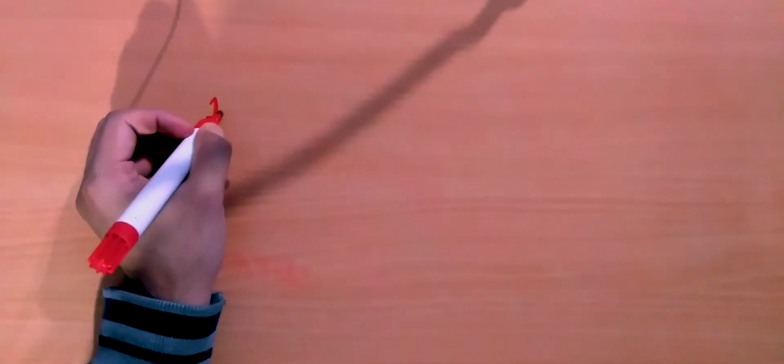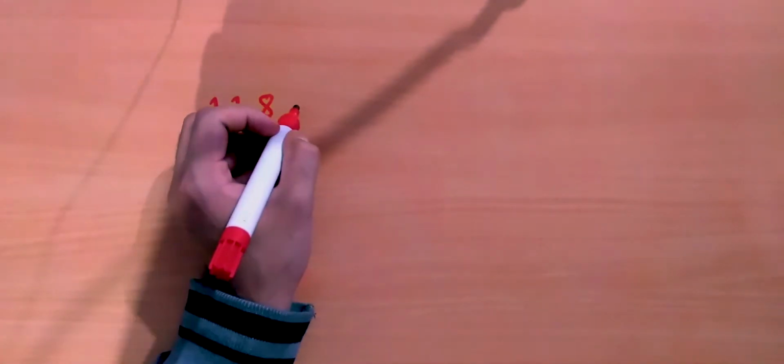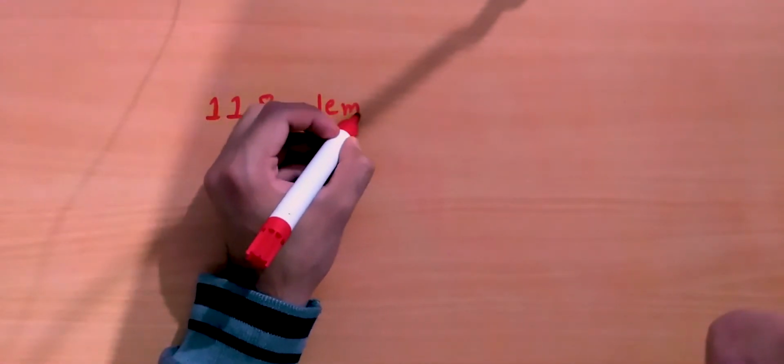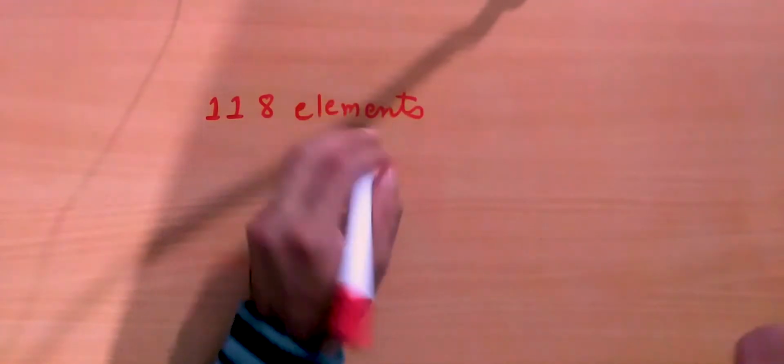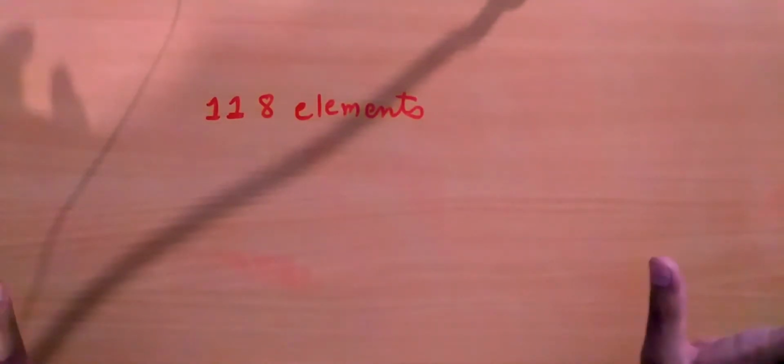Now in the beginning of all of this, I had told you that everything in this universe is made up of these 118 types of particles called elements. So this simply means that we have 118 different types of atoms present, right?